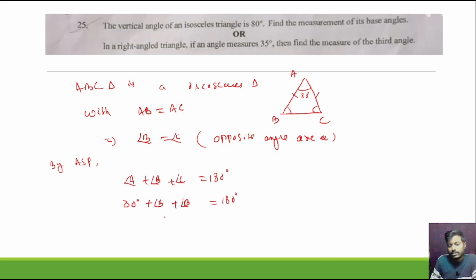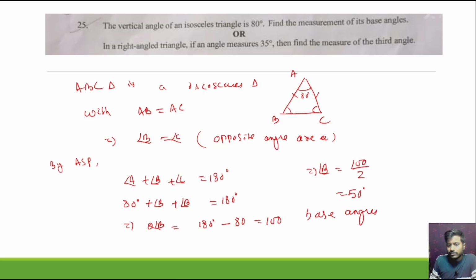That implies 2 angle B is equal to 180 degrees minus 80 degrees, which is 100 degrees. Now angle B is equal to 100 divided by 2, that is 50 degrees. So the base angles are 50 degrees, 50 degrees. Okay.